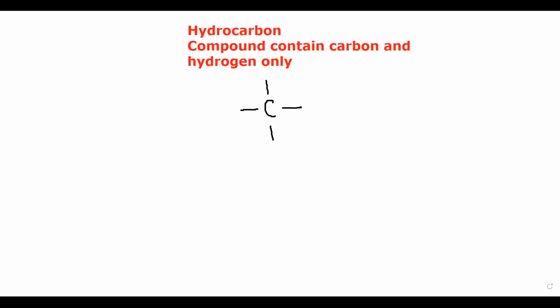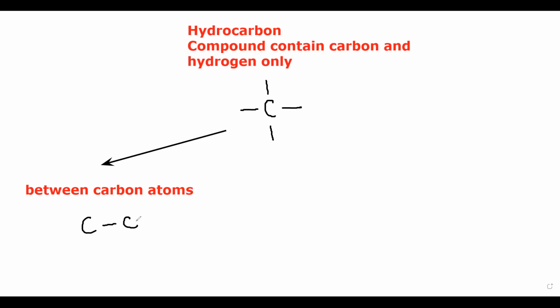So it depends on the bond between the carbon atoms. If between the carbon atoms in the molecule there is a carbon-carbon single bond, like only one bond, then that class of hydrocarbon we call alkane. Alkane means between the two carbon atoms there will be a single bond.